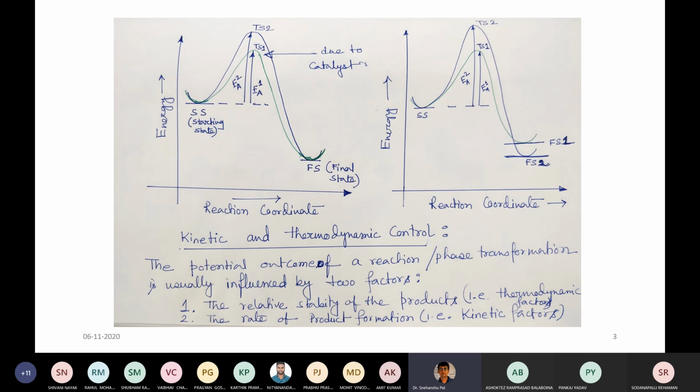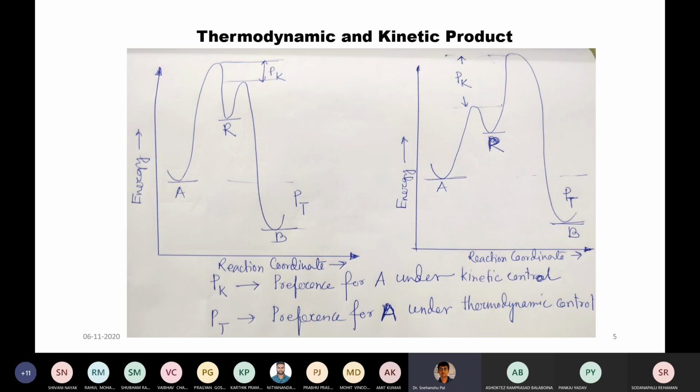Now we want to go to another topic, that is thermodynamic product and kinetic product. Suppose you look at the reaction coordinate, an energy plot, in between there is one product, R, and you want to understand how the kinetic control or the thermodynamic control operates for two different cases.